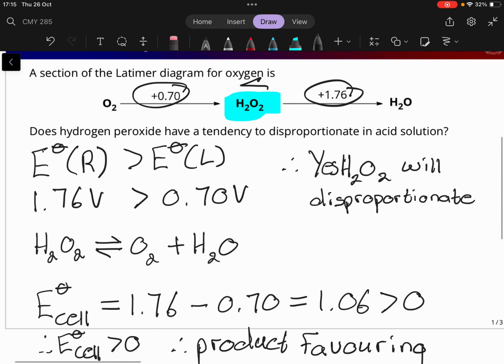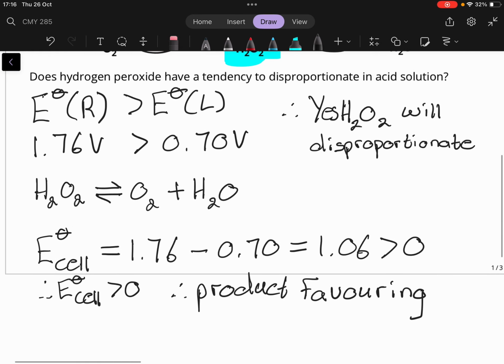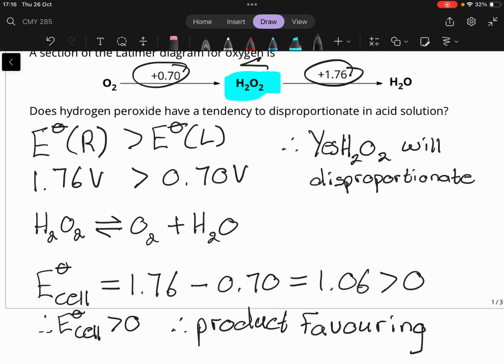That's the basic idea, but the explanation behind it is that the equilibrium that forms, in other words, H2O2 tending to that, has a cell potential. Just like you write your other reduction potentials, you can calculate this cell potential. And if that is positive, it means your equilibrium is product favoring, and hence there are some other things to that as well. Okay.